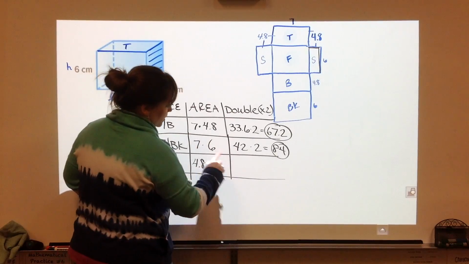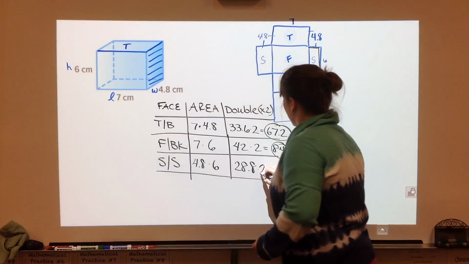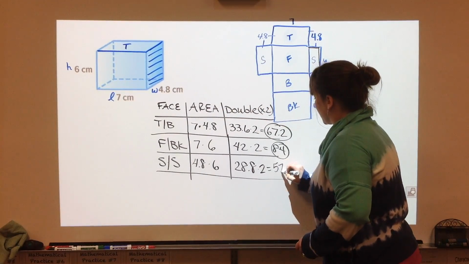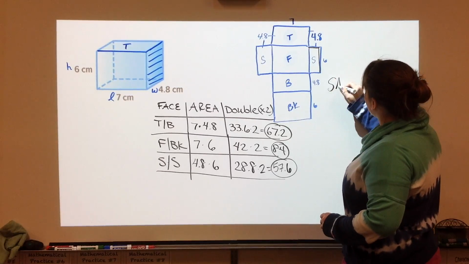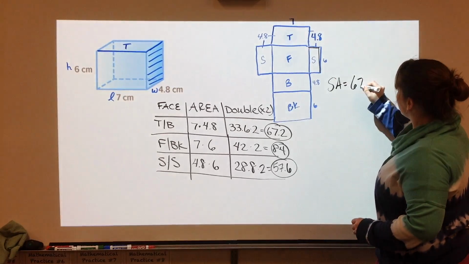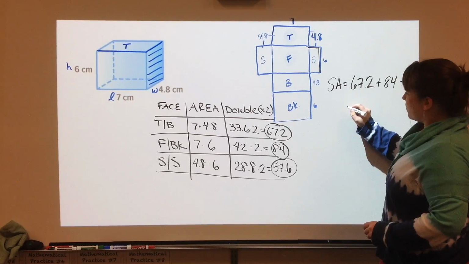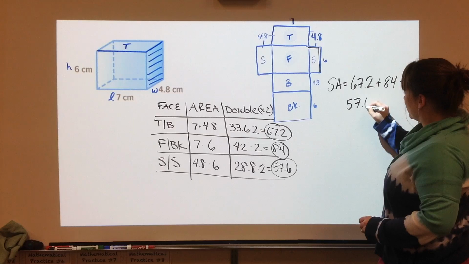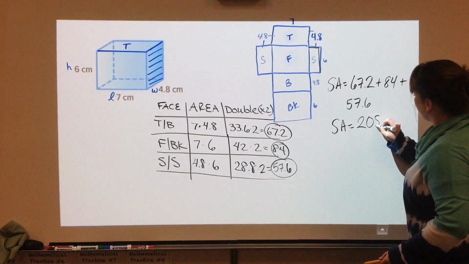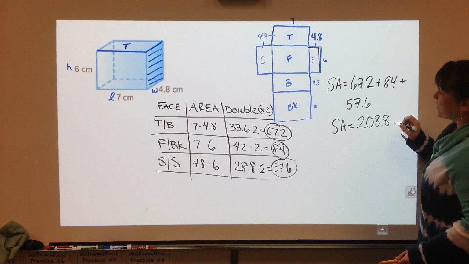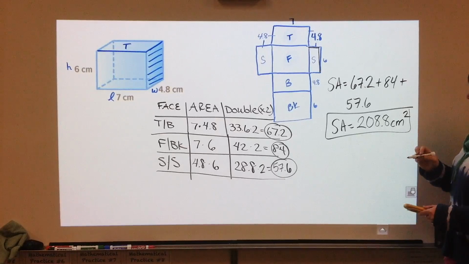When we pop this into our calculator, it ends up being 28.8, and when we double it, it ends up being 57.6. Now we have to add these numbers up. Surface area is going to be 67 2/10 plus 84 plus 57.6. Surface area altogether is 208.8. Because this is centimeters and because it's surface area, we need a label of centimeters squared.